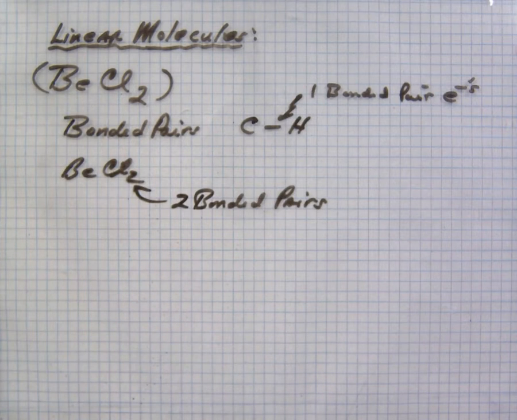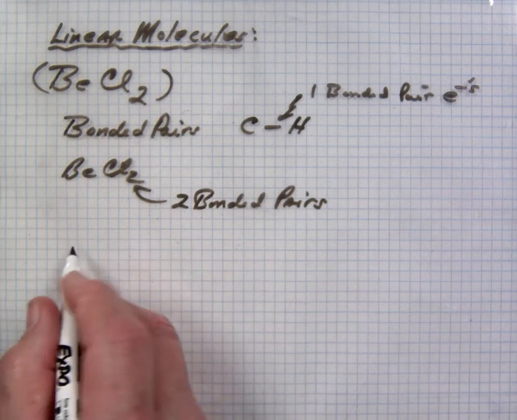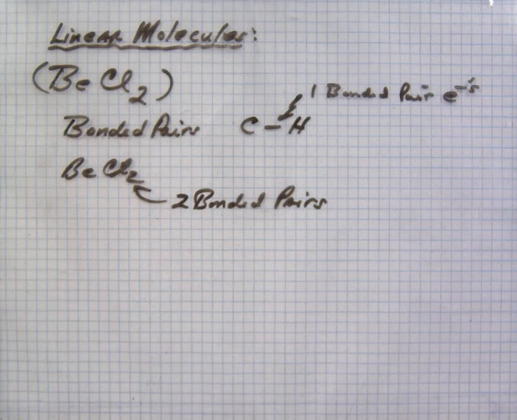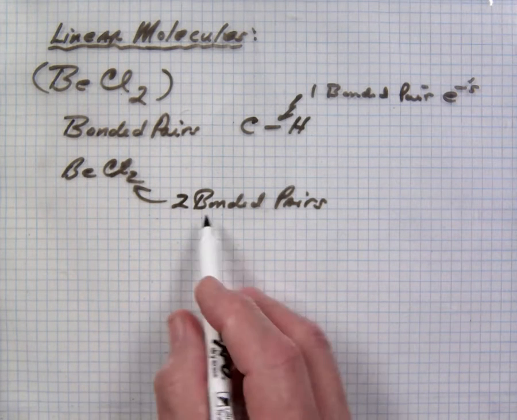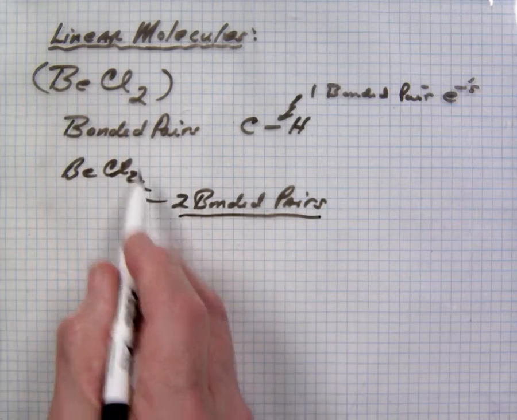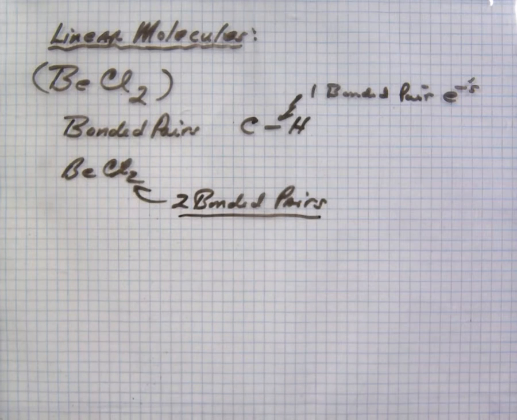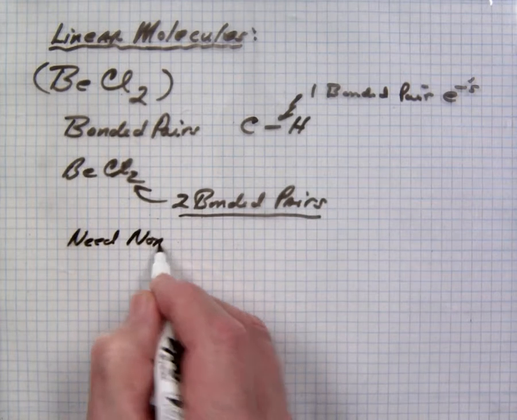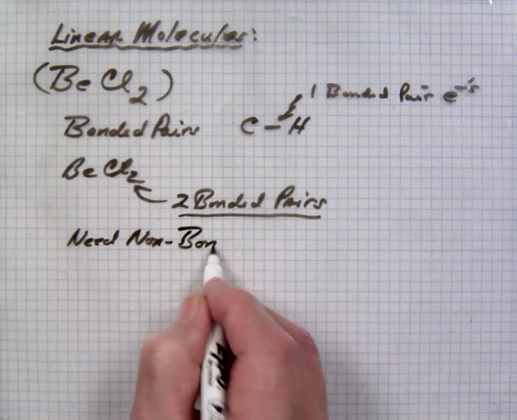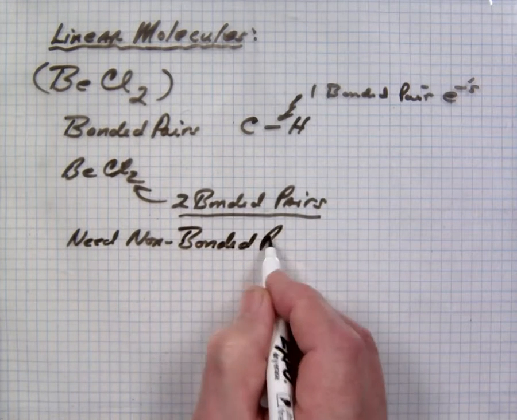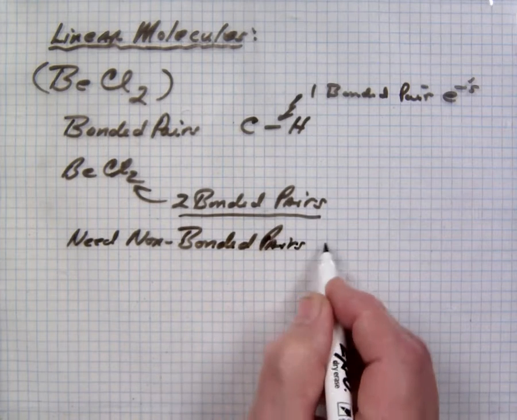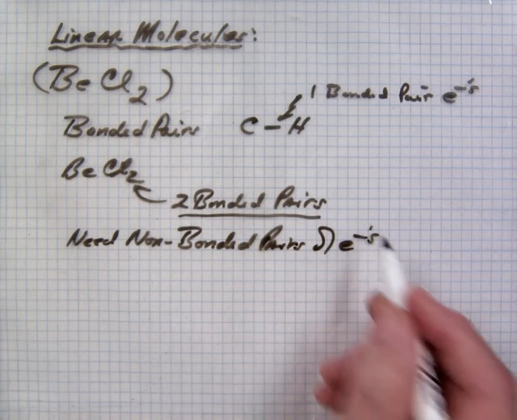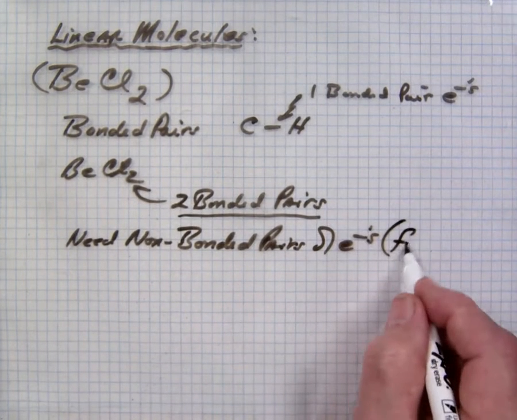Those are possibilities. And so what you have to do, now this is a calculation, is determine how many non-bonded pairs. So we've got the bonded pairs easy enough by looking at the subscript, so we're there with that. But we need non-bonded pairs, electrons. Now these are also referred to as free pairs.